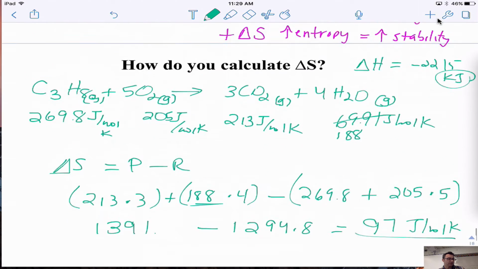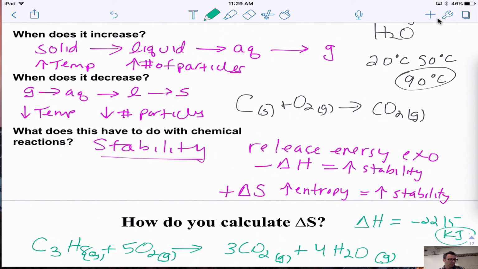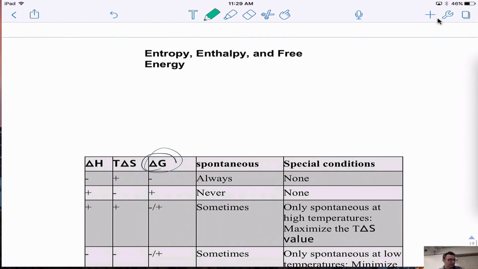Remember, what I said in the previous video was when we become more stable, we release energy, we're exothermic, and we increase the entropy. And this ties together in this equation here called the free energy equation. The free energy is given the symbol delta G for Gibbs free energy.